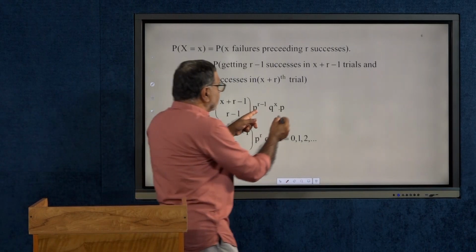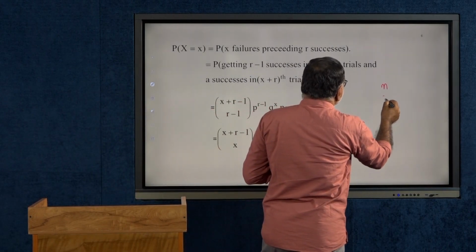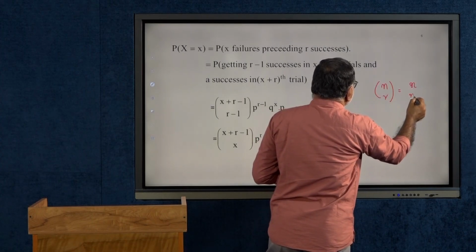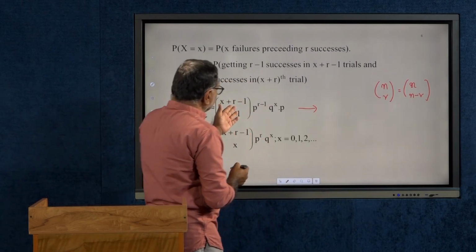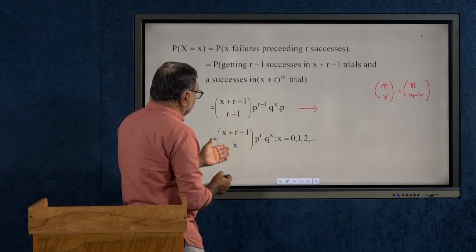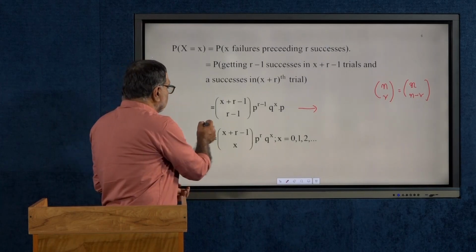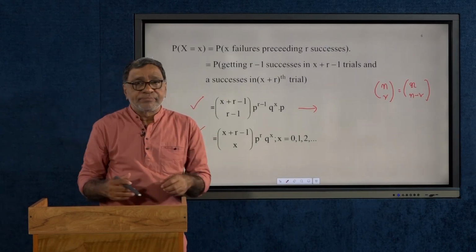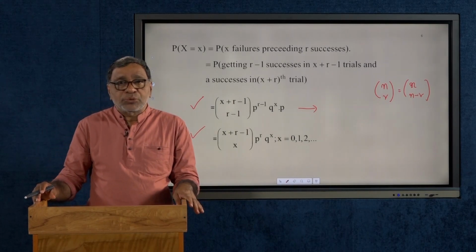One thing to note here: nCr and nC(n minus r) are equal. Using this, we can write x plus R minus 1 C R minus 1 in another form, x plus R minus 1 C x, p power R. So, both expressions, x plus R minus 1 C R minus 1, p power R minus 1.